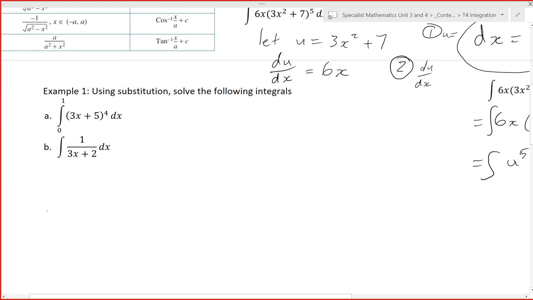Okay? Alright, so first step, let u equal to the stuff inside the brackets. We then find the derivative. We then isolate for dx, yep. So it becomes du over 3. We then substitute that in.